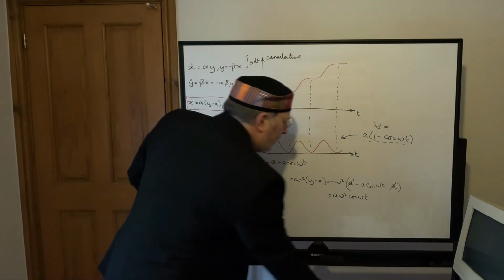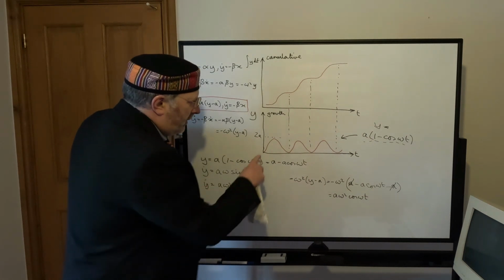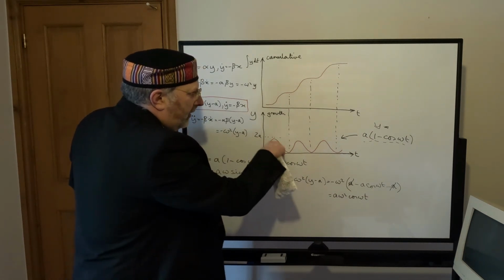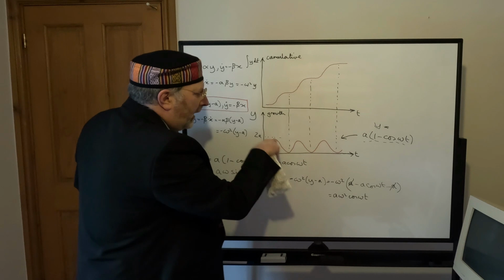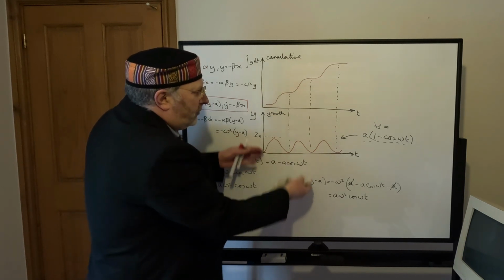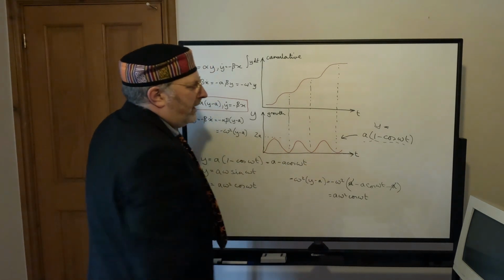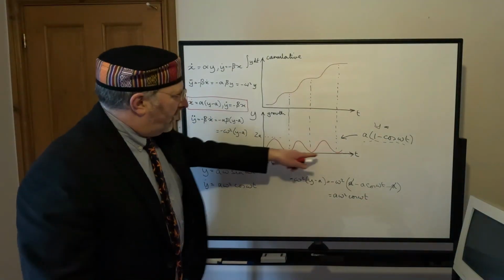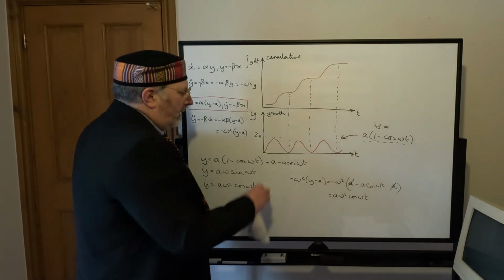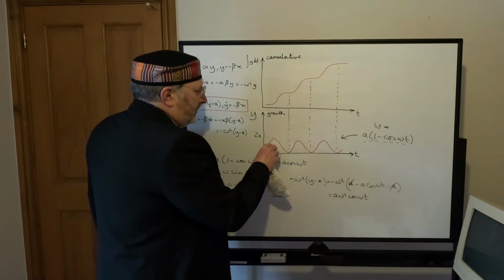And here I've assumed that the fluctuation in y always goes back to 0. So we've just shifted up the cosine so that it just touches the time axis here. So it always goes to 0. But that might not be the case.